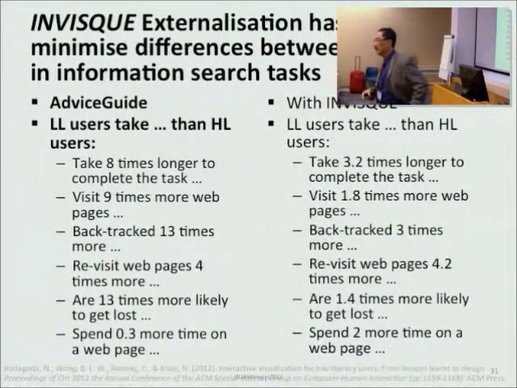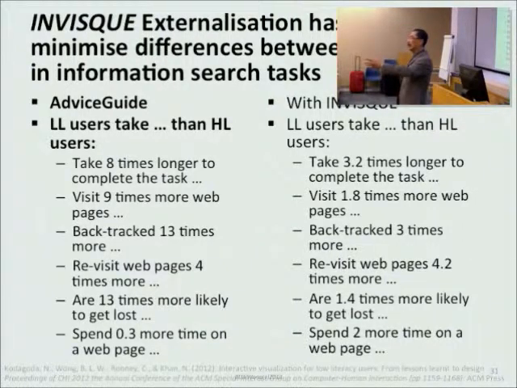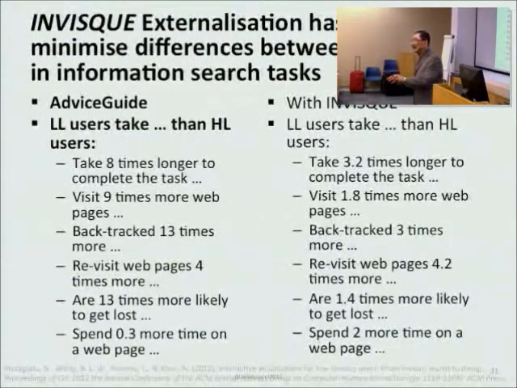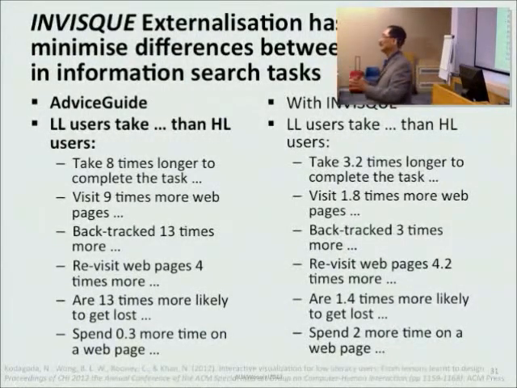Now, Misha did this piece of work some time back as part of a PhD. What we found was rather interesting. Now, what you have here is that we did a study that looked at something called the InVisic interface, where it allows you to manipulate cards of information. And you can organize the cards of information that allows you to assemble your understandings that you have. We compared the user interface with the standard website interface for the Citizens Advice Bureau.